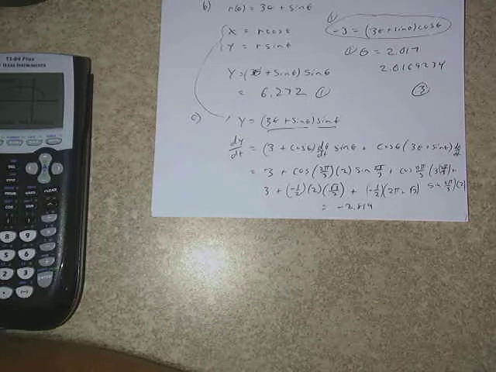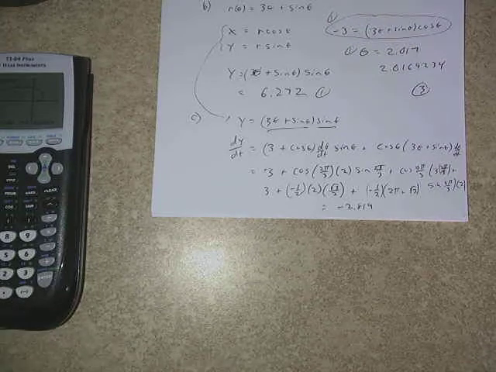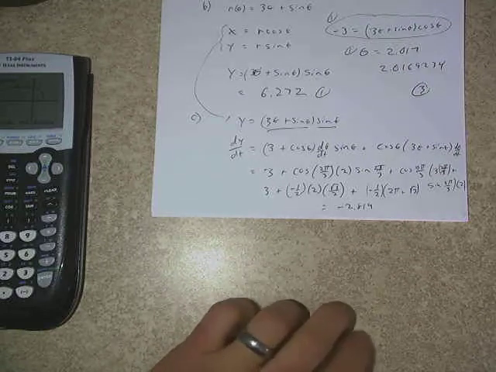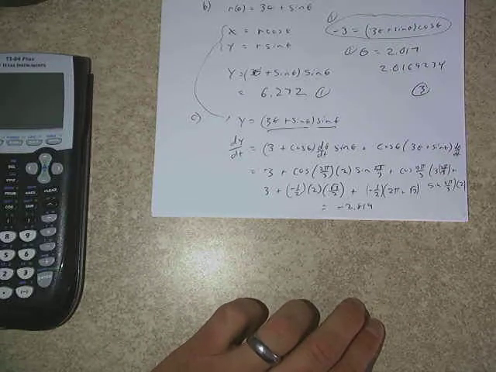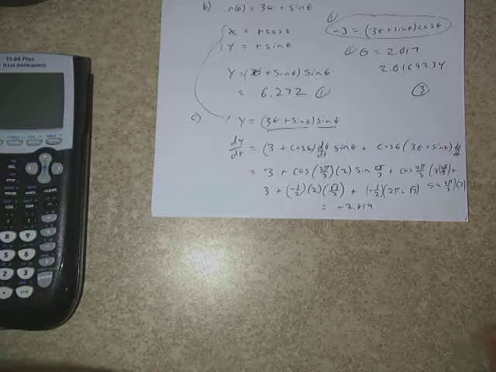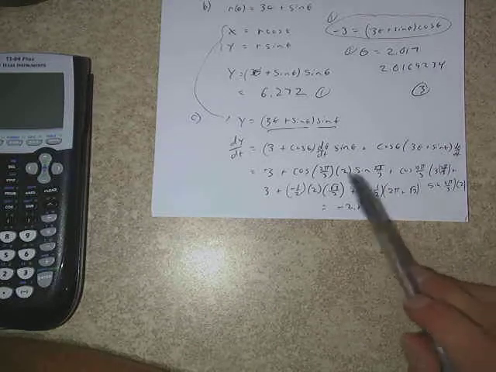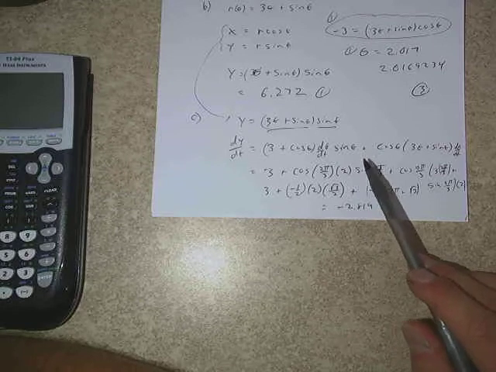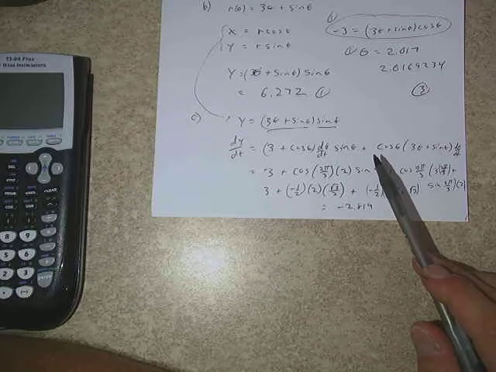Ultimately, 2 pi over 3 cosine is going to be negative 1/2, times 2 times radical 3 over 2, and over here cosine of 2 pi over 3, negative 1/2 again, 2 pi in here plus radical 3. And all said and done, that should work out to be negative 2.819.